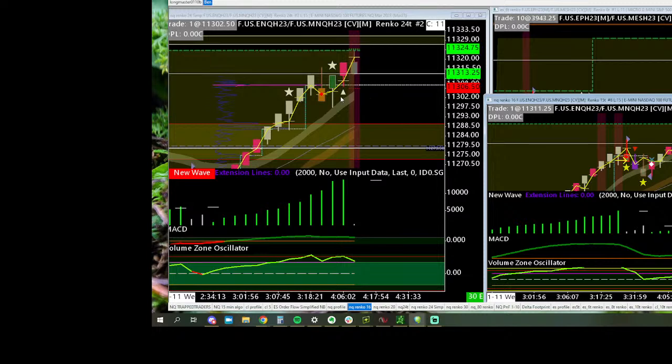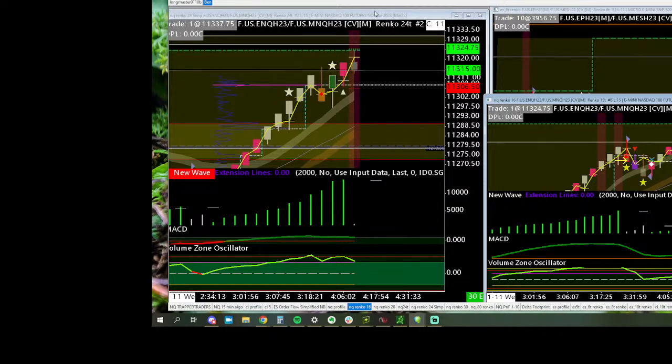So they need to close this bar 11,302.50 on the 30 tick to even have a chance to finish that higher time frame wave divergent. And we didn't wait for that. I went right to the 15 tick. And had I seen the VPOC shift into the bar here, I probably would have skipped it.